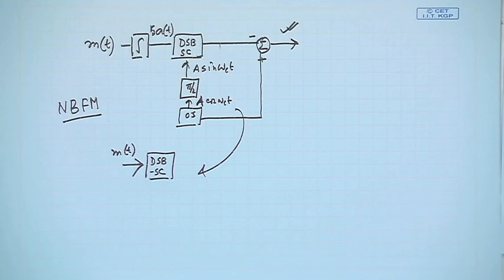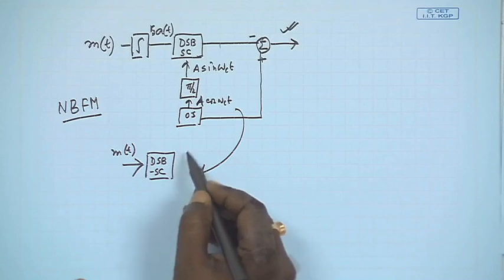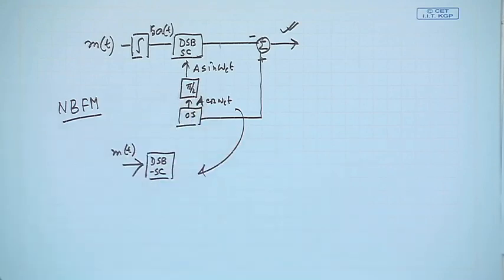So, narrowband FM, and that will be the corresponding narrowband PM. Of course, you will have to again multiply with Kp. Kf for FM, Kp for PM, and that Kp into m(t) must be much smaller, otherwise we will not have that approximation. So, this is the generation process.